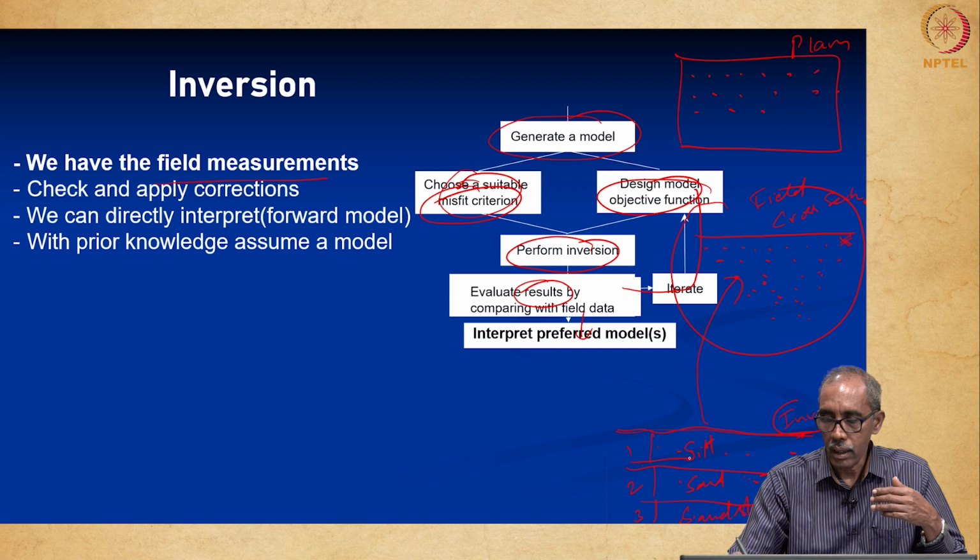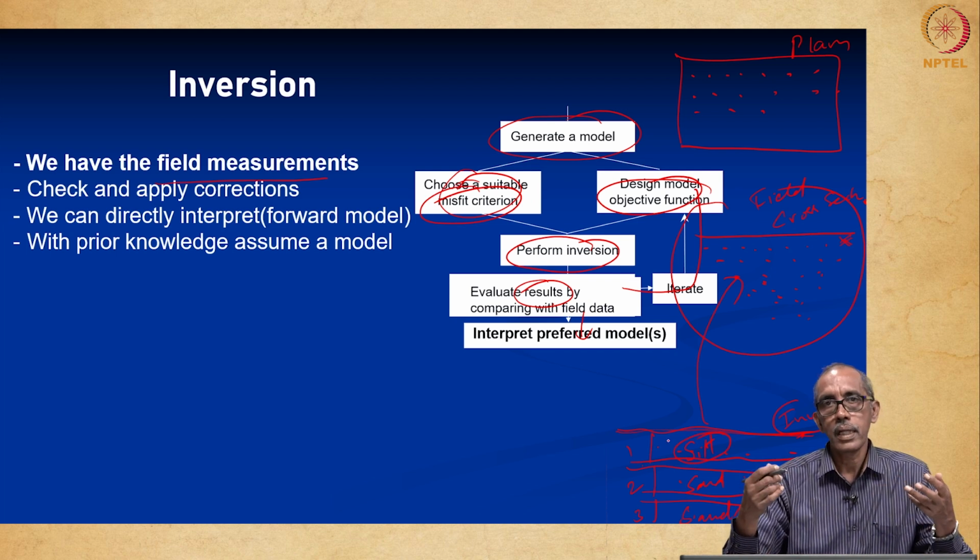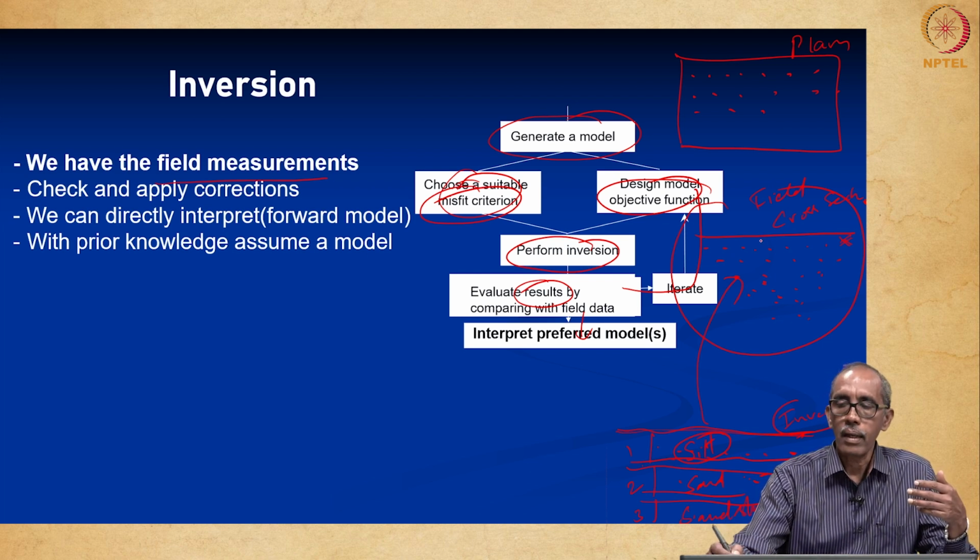The thickness I am changing, or the material itself I am changing, and coming out with a new set of induced polarization values, maybe chargeability, capital M, at different points. Then again I compare with the field derived data.